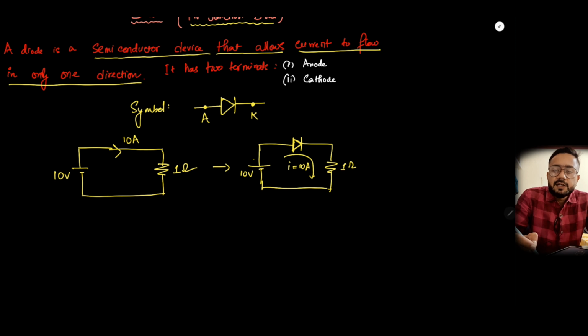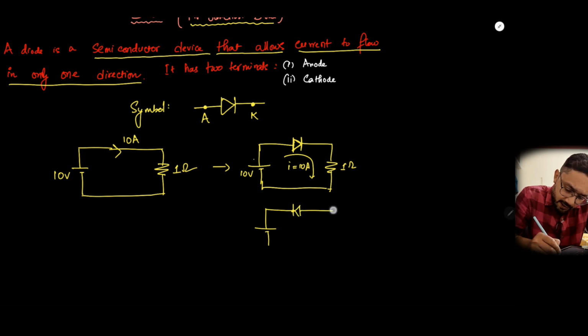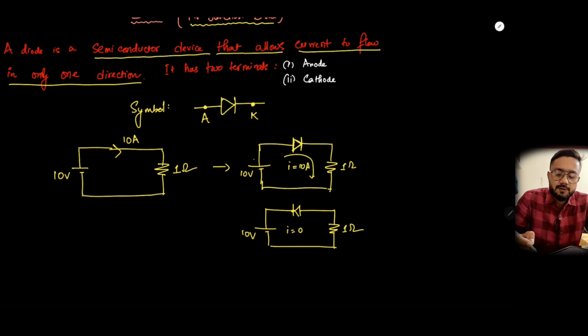There is no change in the circuit. Fine. Now suppose you connect the diode in a reverse fashion like this. When you connect the diode like this, you can see that the current becomes 0. That is, the diode won't allow the current to pass in this configuration.